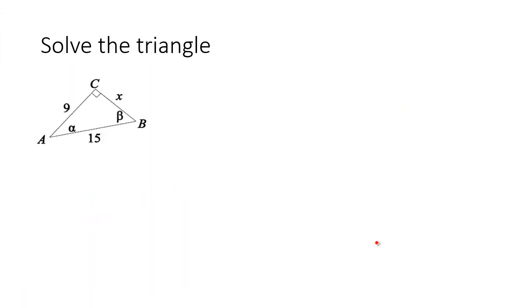Try another one. So here we don't know any of the angles. So let's start with alpha. And in order to find alpha, we have to choose two sides that we already know. So in this case, that'll be the adjacent and the hypotenuse. So I'll want to use cos of alpha as the proportion of 9 to 15.